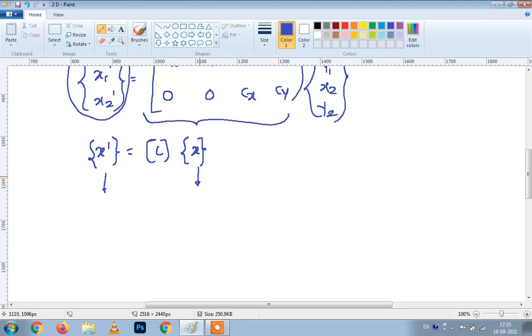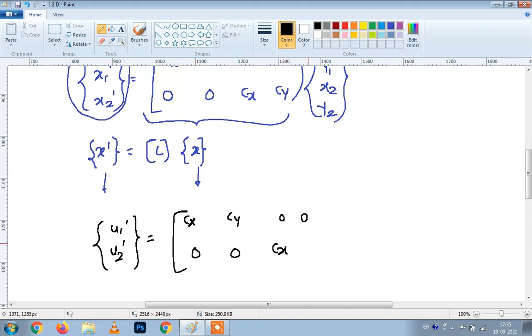Now we will see one more relation. In the same fashion, we can write the relationship between the local nodal displacement and global nodal displacement. The local displacement u1 dash, u2 dash is equal to the same transformation matrix Cx Cy 0 0, 0 0 Cx Cy, into the global displacements.